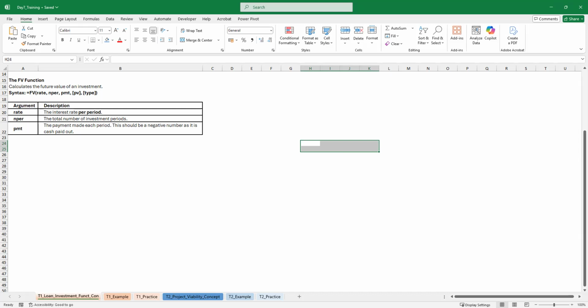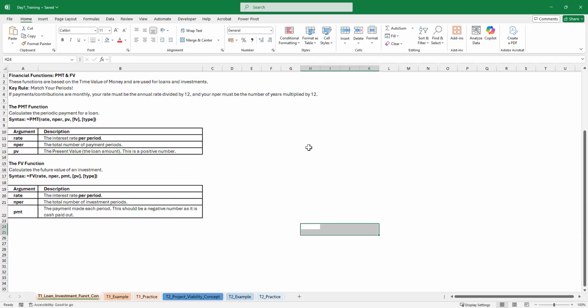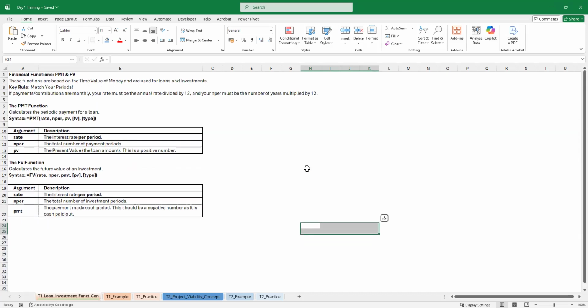So let us start with the syntax for PMT. PMT has basically four or five parameters inside it. The first one is rate, which is of course the rate of interest. This is the most critical part. Let us say you have an annual interest rate but make monthly payments, so you generally divide that annual interest rate by 12.